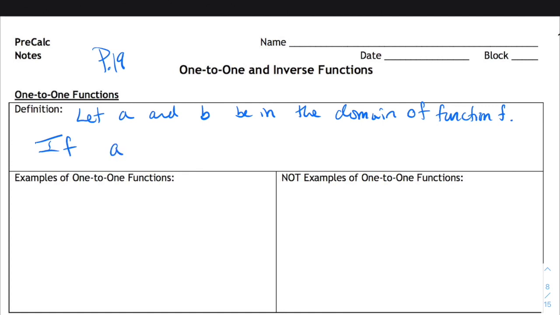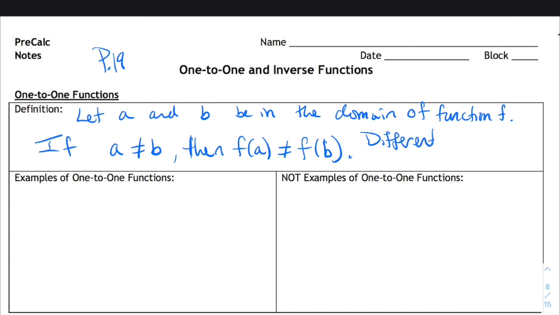If A is not the same as B, then f of A is not equal to f of B. So we have different inputs always result in different outputs. So we can write it that way. Different inputs always result in different outputs.